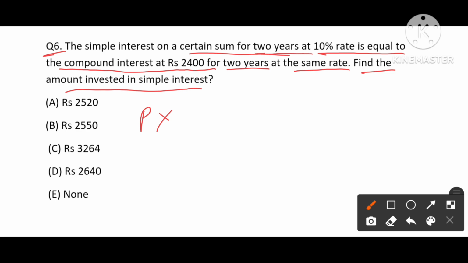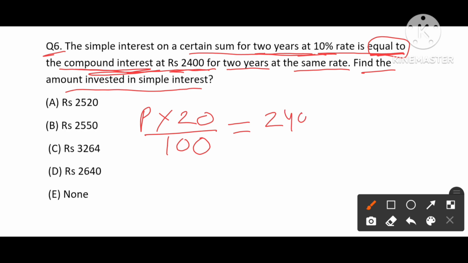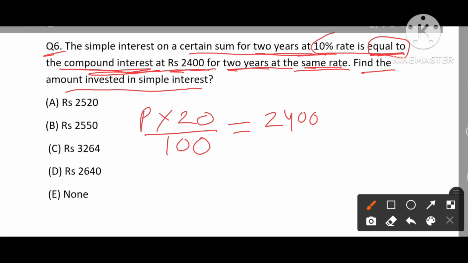For 2 years at 10% rate means 2 into 10, which will be 20%. This is the simple interest we get, and it says that it is equal to the compound interest on 2400 for 2 years at the same rate.